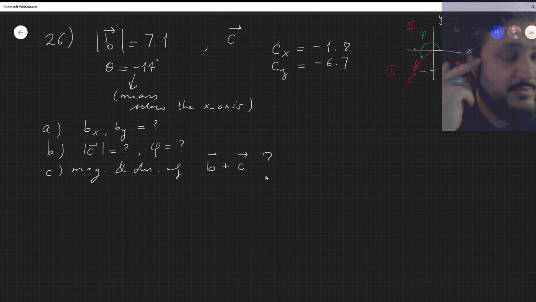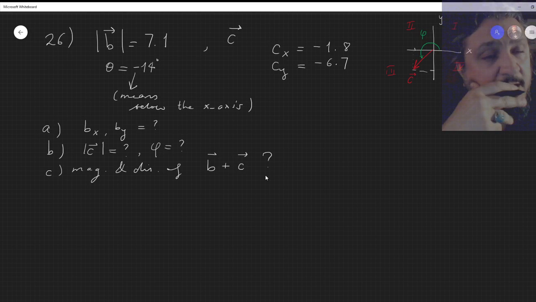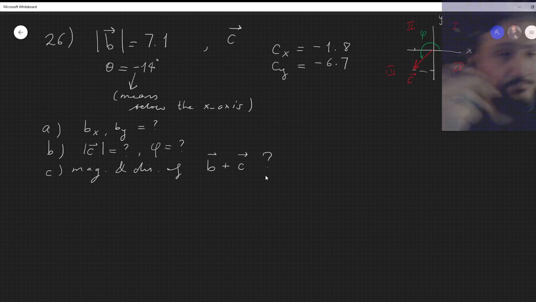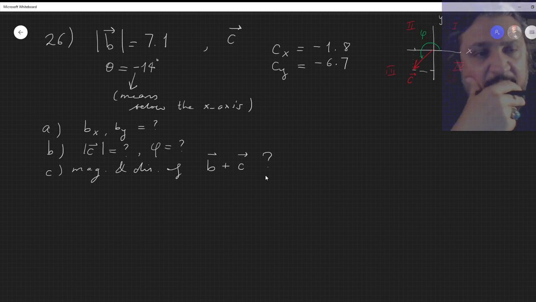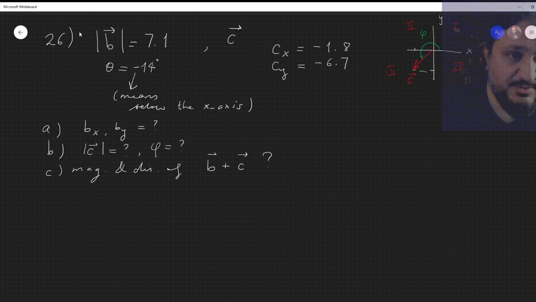Now, let's start with part A. Which quadrant are we talking about for vector B? The magnitude doesn't tell you which quadrant it is in, but the angle gives you a clue.